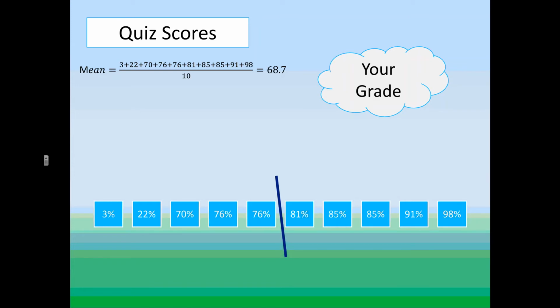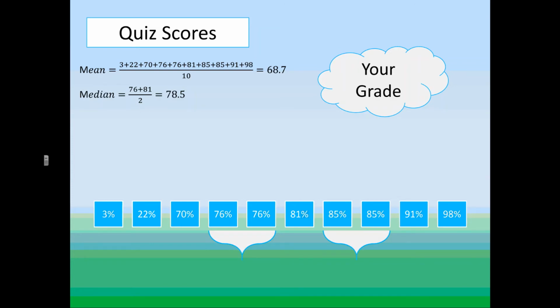Sometimes what I personally would rather do is look and see what happens in the middle. In the middle, we've got about a 78.5. That's called the median. The median is midway, so half of the scores fall on one side, half your scores fall on the other side.